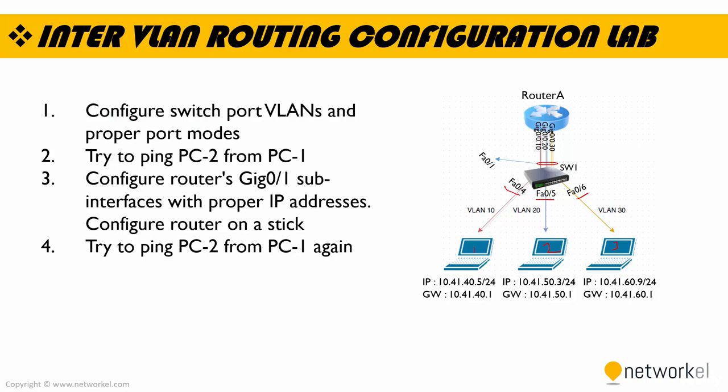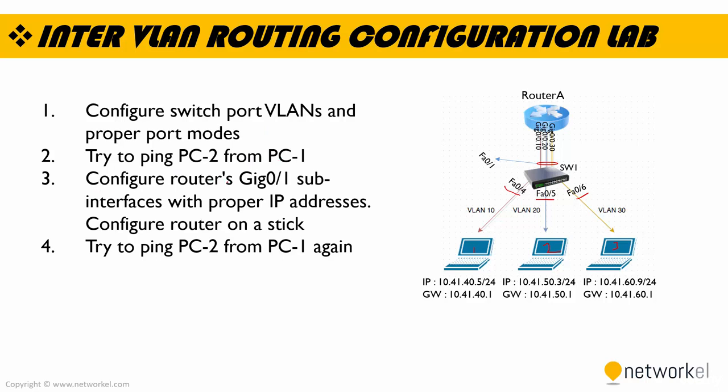So, first, configure switch port VLANs and proper port modes. I understand that VLANs are not created, so they need to be created, I think. Two, try to ping PC2 from PC1.